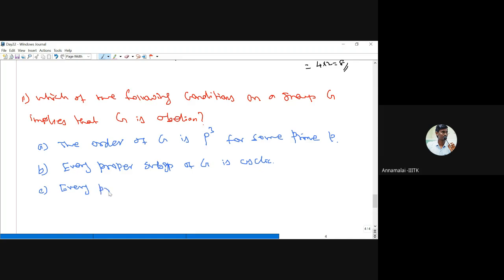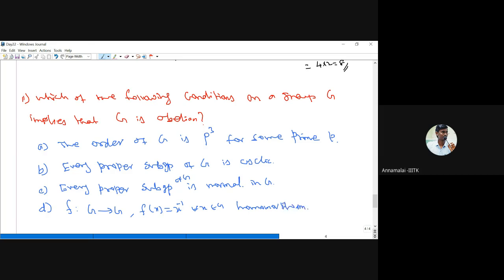So every subgroup of G is normal in G. Then can we say G is abelian? Then the last one is, if the function f from G to G defined by f of x equals x power minus 1 for all x in G is a homomorphism, can we say G is abelian?